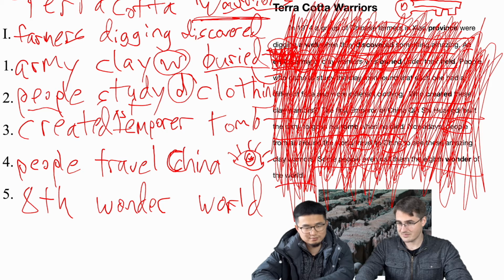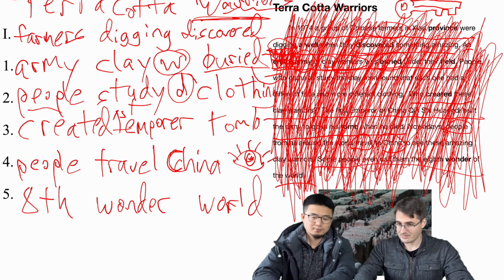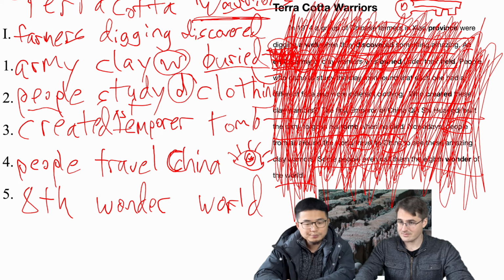They found an entire army which was buried underground, and people studied their faces and clothing. The creator of this tomb is the first emperor of China, Qin Shi Huang.